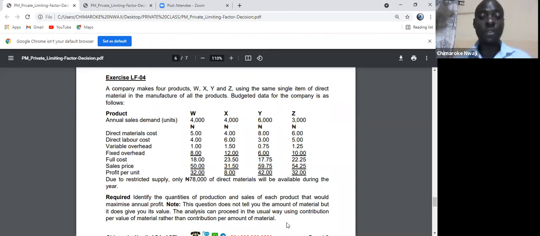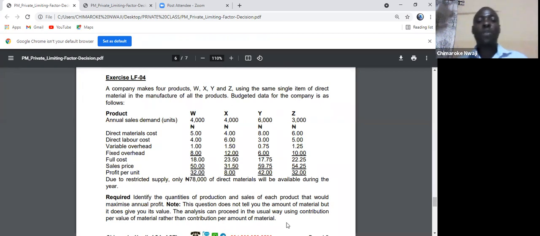Now, you see the focus is now direct material. In the last example, it was labor. Your limiting factor could be machine hours, which we learned in example 2, could be direct labor hours, which is what we did here, or could be materials.